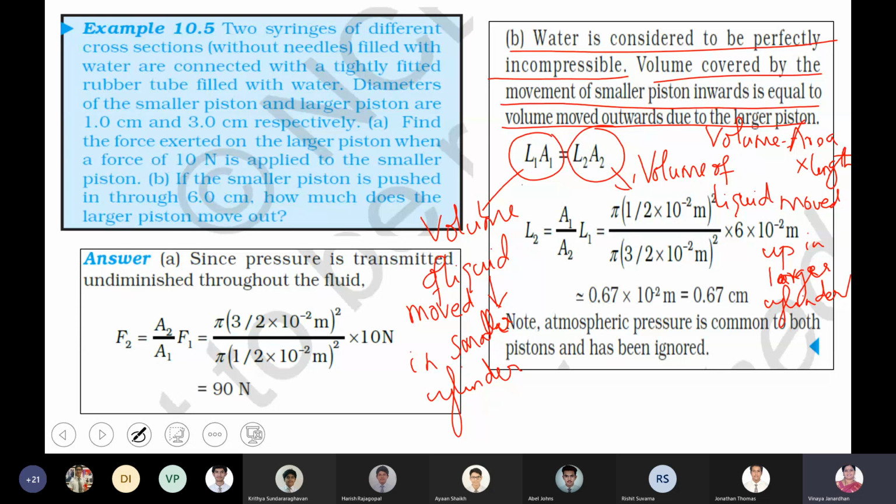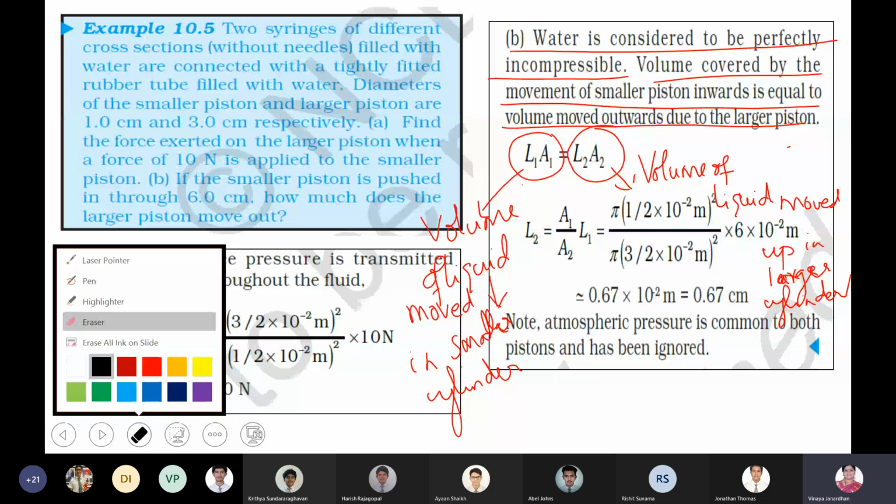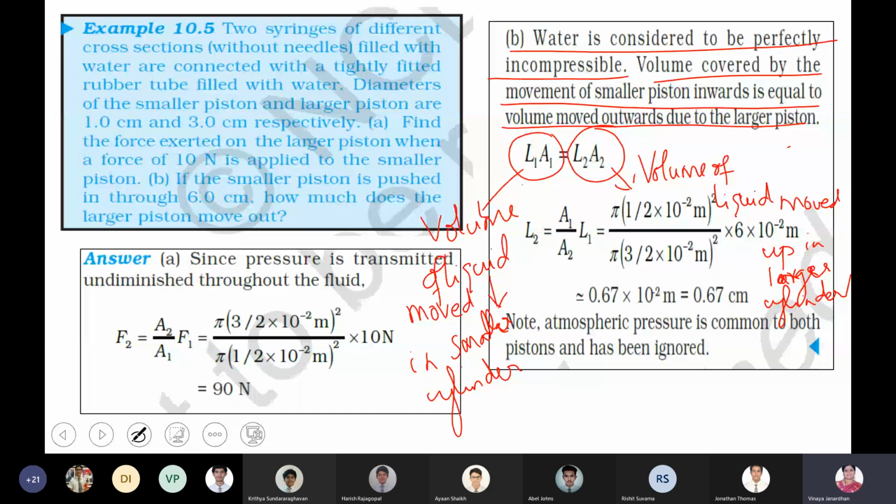So equate and just get the values, boys. The volume of the liquid moved in the smaller cylinder must be equal to the volume of the liquid that has gone up in the larger cylinder. So from there you can find your value of L2.